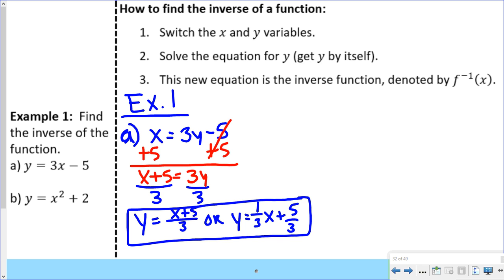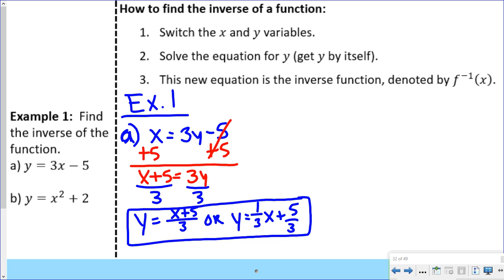So if you're used to writing it as y equals x plus 5 over 3, EOC might divide 3 into both of those pieces separately and get the second equation here, y equals 1/3 x plus 5/3. So you have to be able to go to the second equation if that's how all the choices look. But when I ask you, like on a quiz or a test, I'll take either one. You don't have to write both, just pick one.